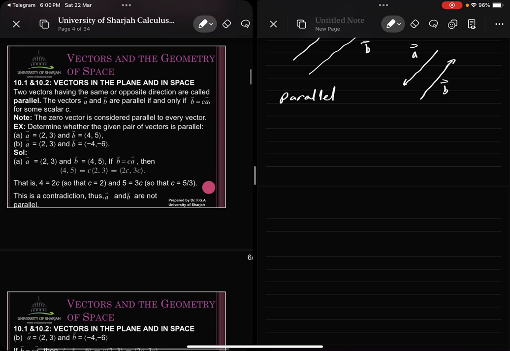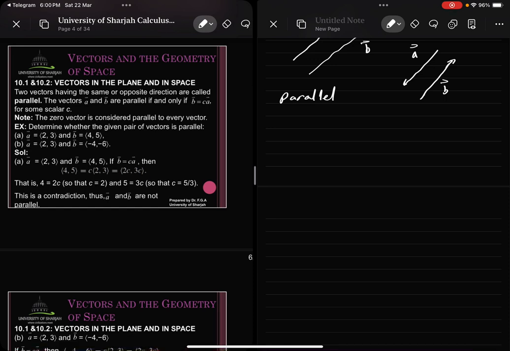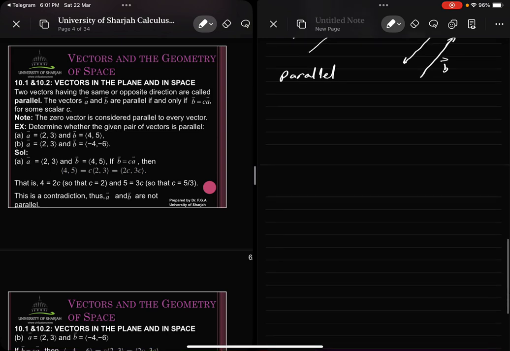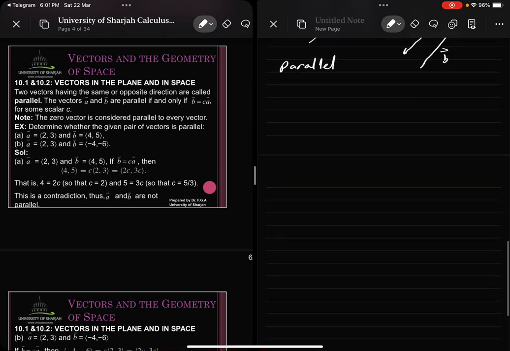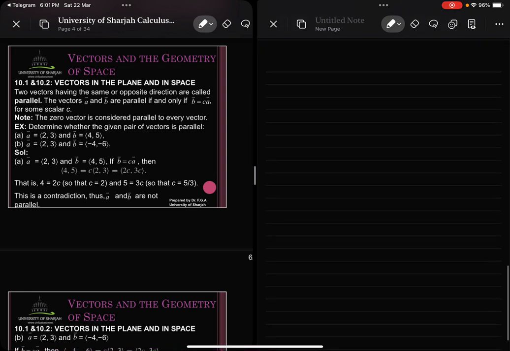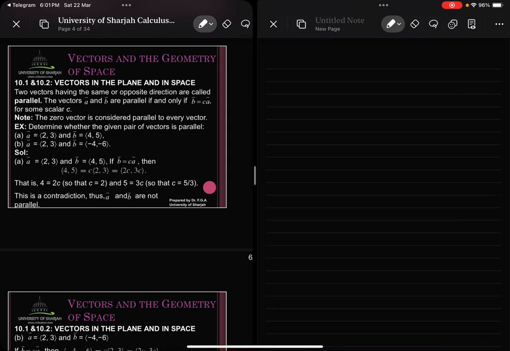Note the zero vector is considered parallel to every vector. Example: determine whether the given pair of vectors is parallel. So first we have to know how to tell if two vectors are parallel to each other.